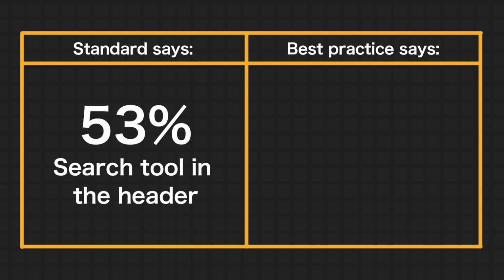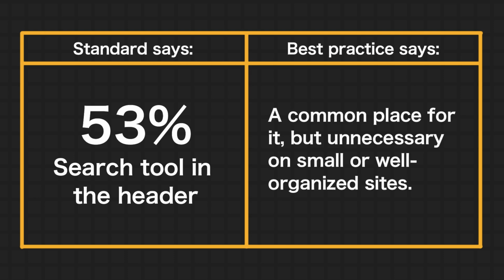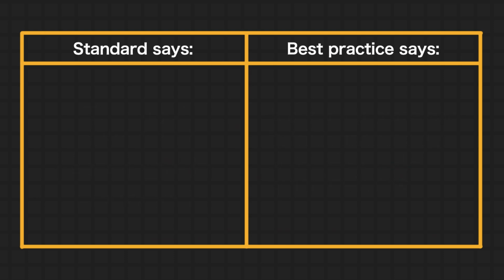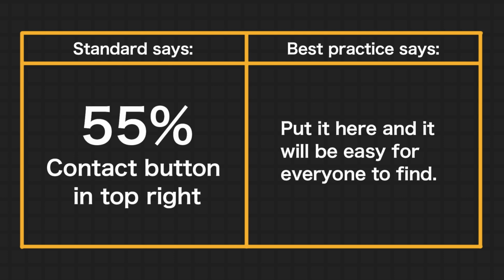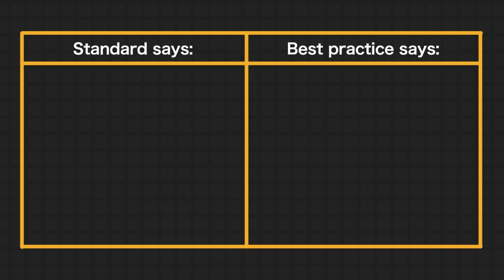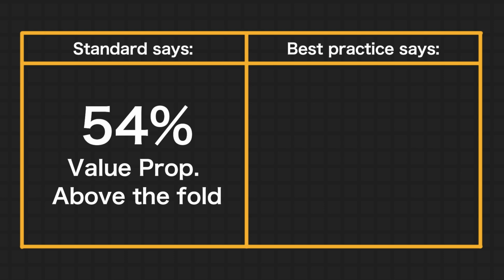Here are some examples of how Orbit Media lists some web design standards and how they align with best practices. So we have 53% of websites have a search tool in the header. This is a commonplace for it, but unnecessary on small or well-organized sites. 55% of websites have a contact button in the top right. Put it here and it will be easy for anyone to find. 54% of websites have a value proposition above the fold, implying that maybe you should have one too.